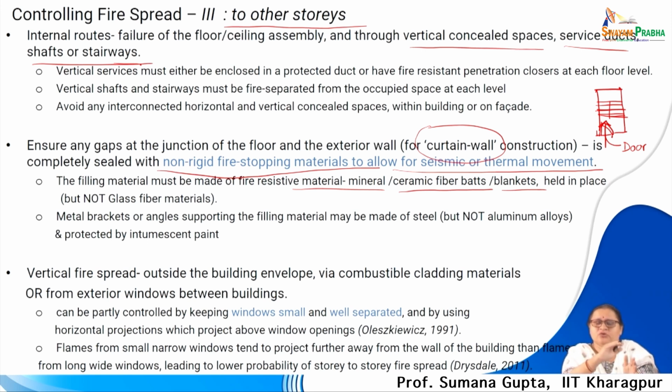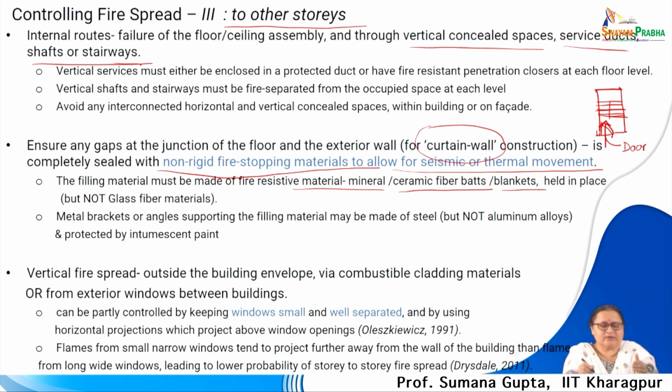There is no floor slab coming out and serving the building at the periphery or at the edge. So, these kind of fillers, these kind of insulating materials which are flexible, are to be placed so that the fire does not move from one floor to the other through such joints.